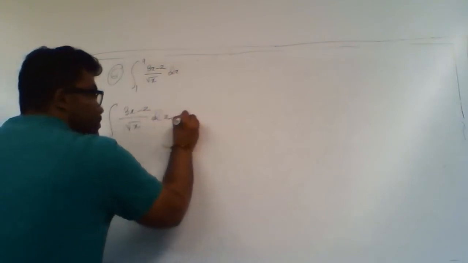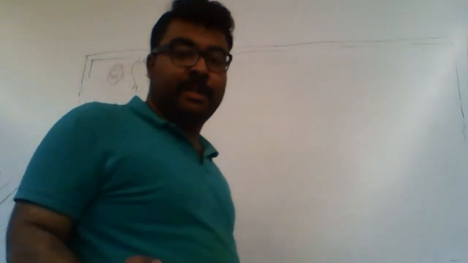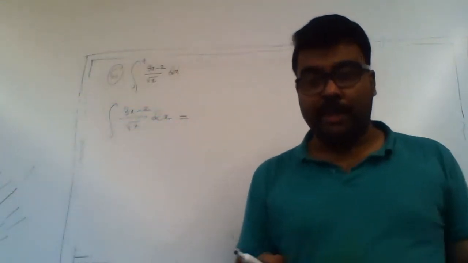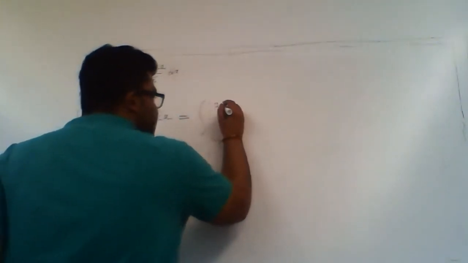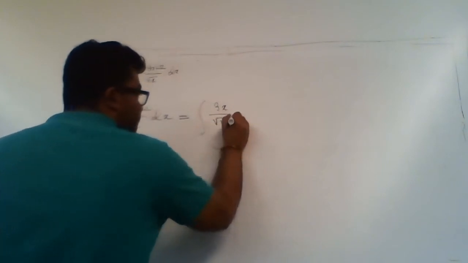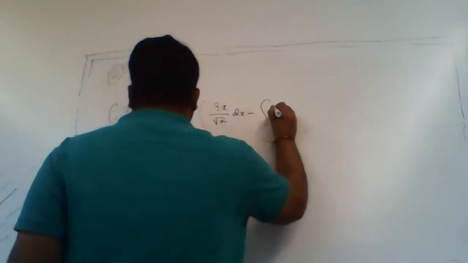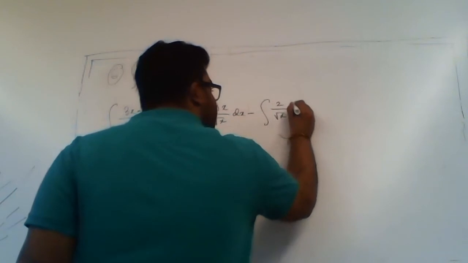As I told you in my first video, whenever you have more than one term in the numerator and one term in the denominator, you have to split this. So you get integral 3x by square root of x dx minus 2 by square root of x dx.